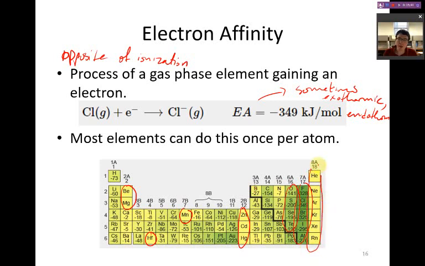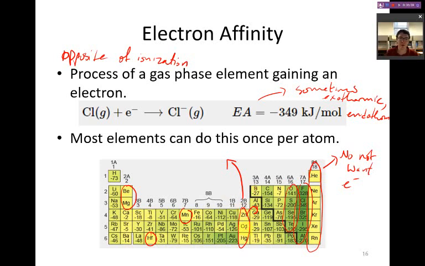Other things that are important to note for electron affinity is that the noble gases do not want to gain electrons. Also notice that for this period, these elements, zinc, cadmium, and mercury, do not want to gain electrons, because that would give them a configuration that is higher energy.